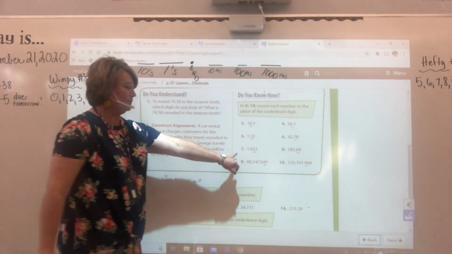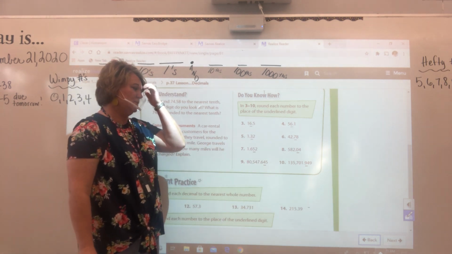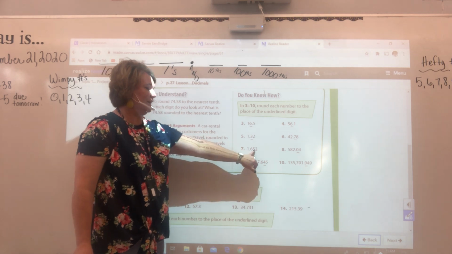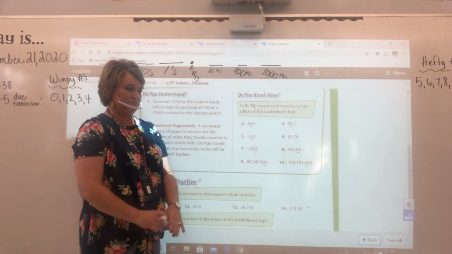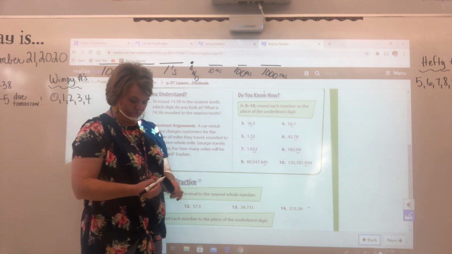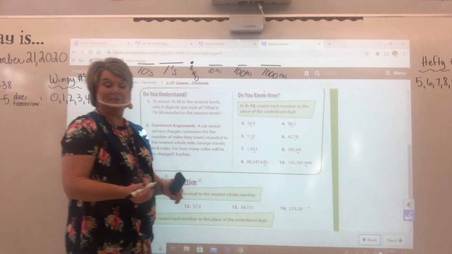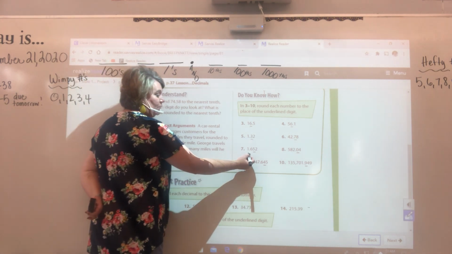Okay, Hope, let's come to you. What about this 2? Wimpy. So what's going to happen to that 5? If 2's wimpy, what's going to happen to it? It can't be pushed over, you're right. So what happens to my 1?